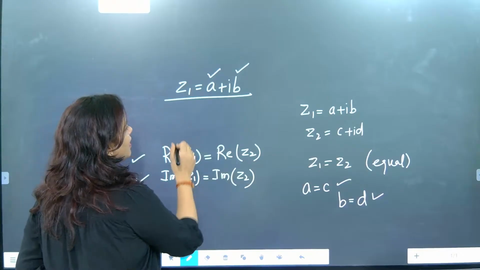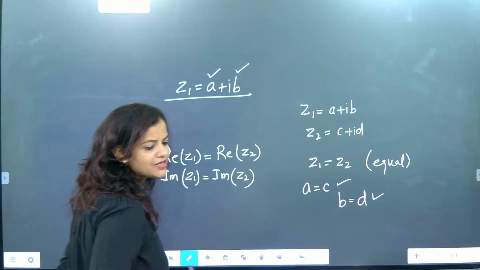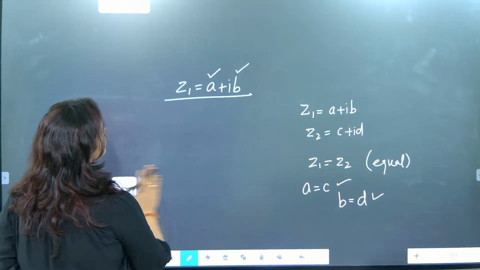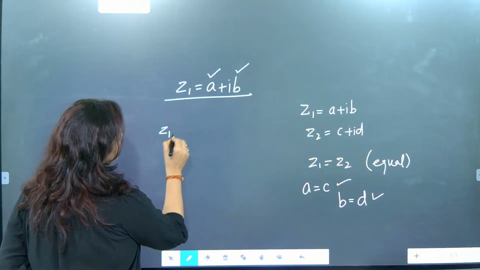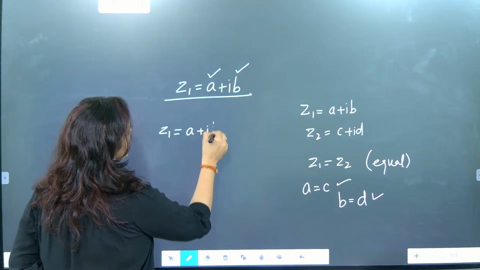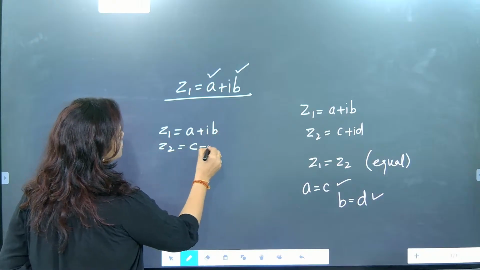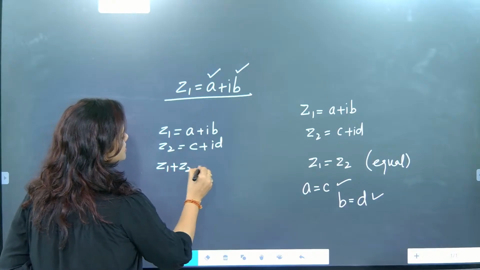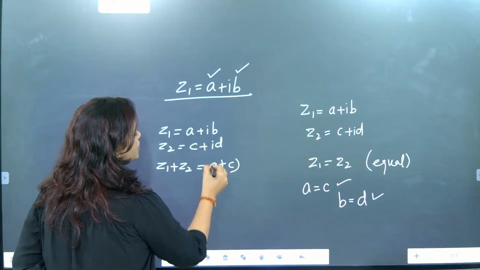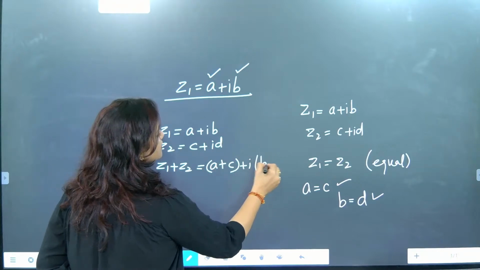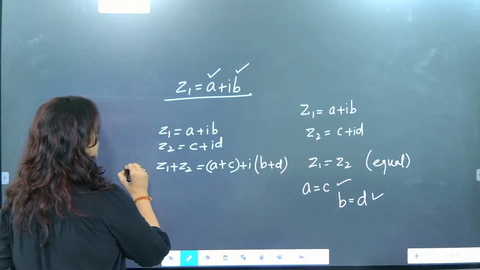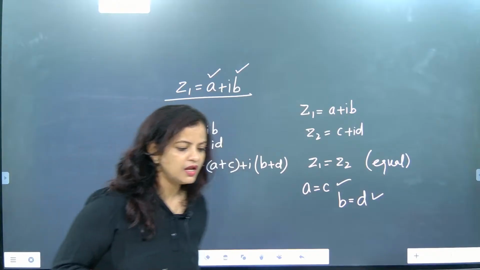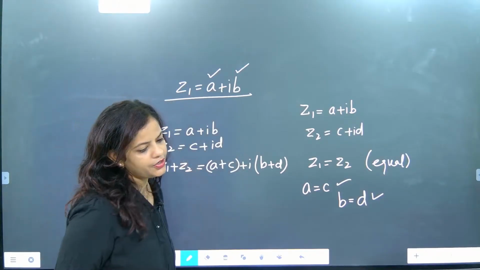The real part will be added to the real part and the imaginary part will be added to the imaginary part. So if somebody gives you z1 is equal to a plus ib and z2 is equal to c plus id, then if you add z1 and z2, a will be added to c and b will be added to d. This is exactly the addition of two complex numbers: real is added to real and imaginary is added to imaginary.